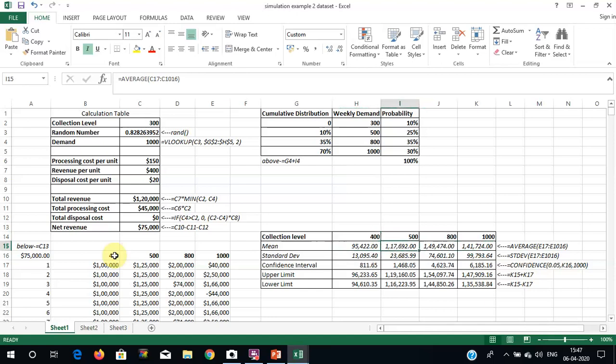For 500 it is 1.17k, for 800 1.49. Then it goes down, which is around 1.41. Standard deviation, you can see the standard deviations are there. Confidence level, the upper limit, the lower limit.